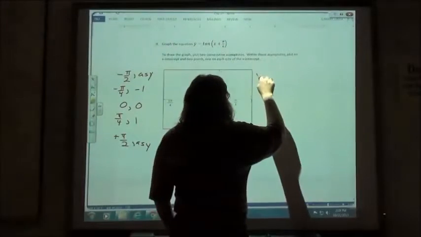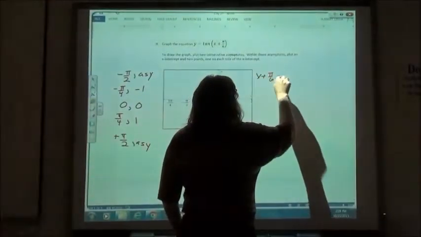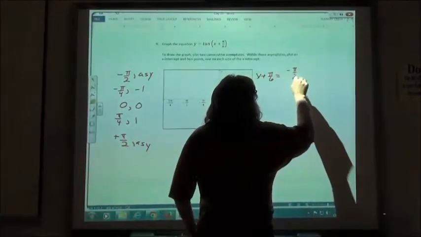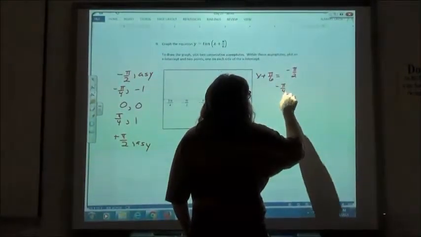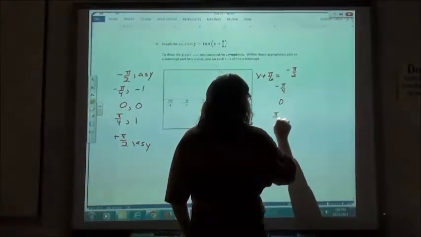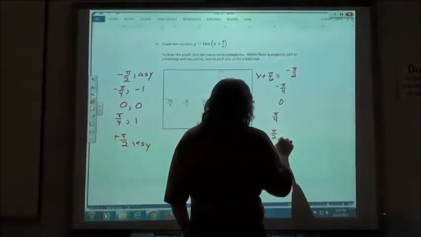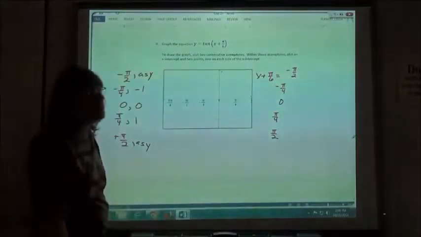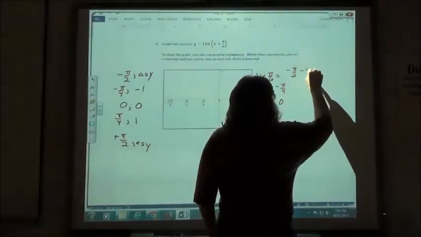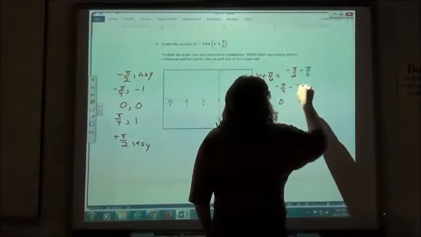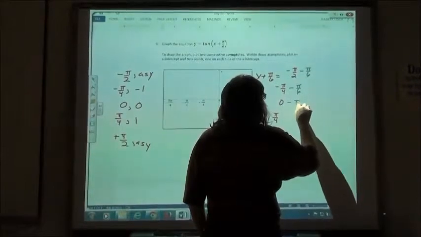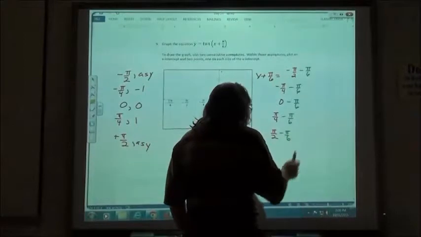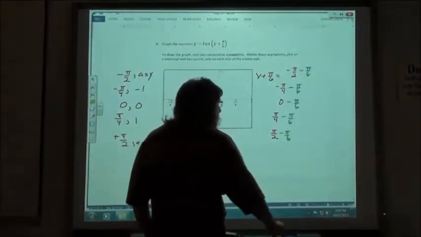So, x plus pi over 6 is going to equal each of my starting x values: negative pi over 2, negative pi over 4, 0, pi over 4, and pi over 2. If I'm going to solve, I'm going to subtract pi over 6 from each of my values. And then I'm going to do my adding and subtracting with my fractions.